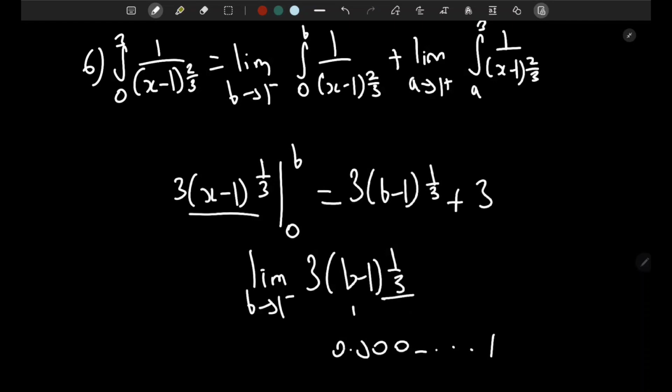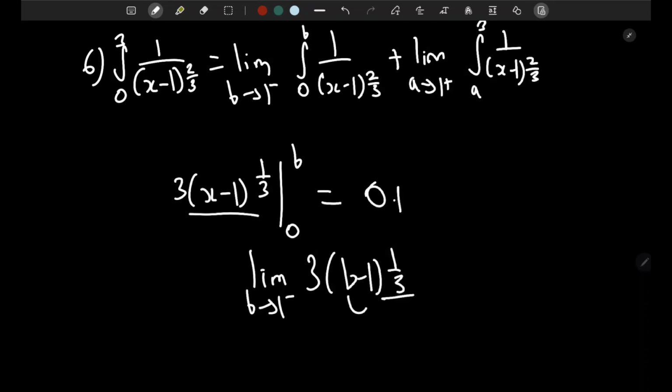So we can conclude that this number is 0, and 3 multiplied by 0 is also 0. All that's left is 0 plus 3. Let's erase this and put 3 over here. So we are done with the first integration.